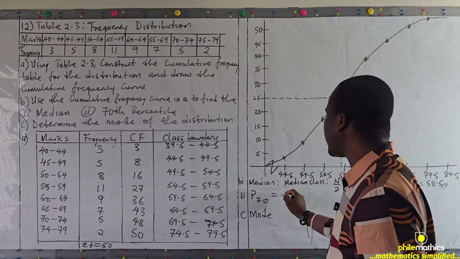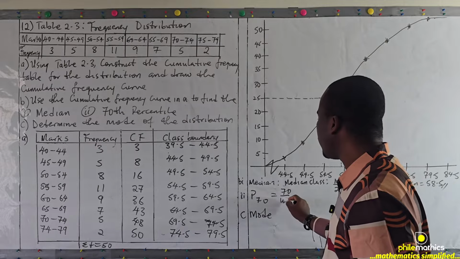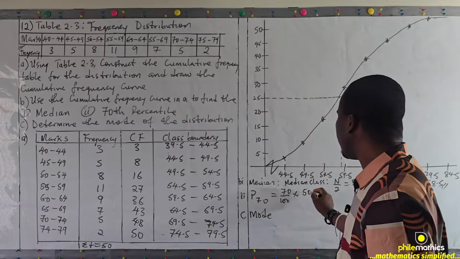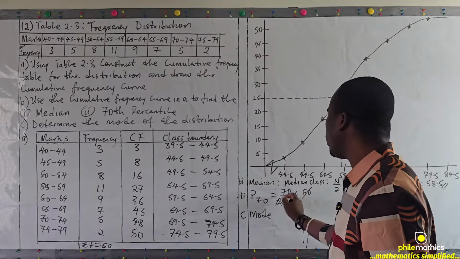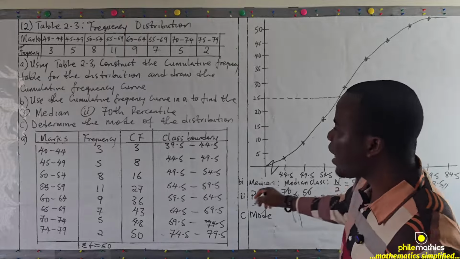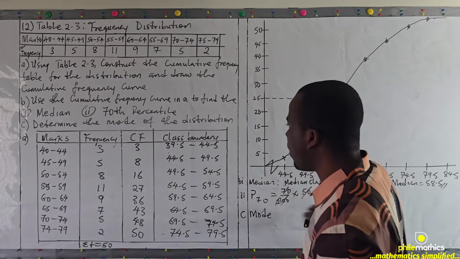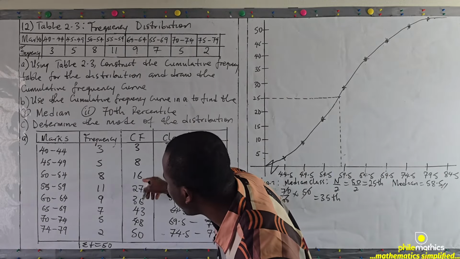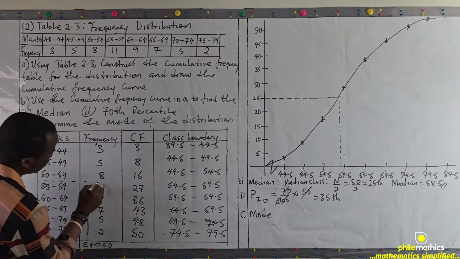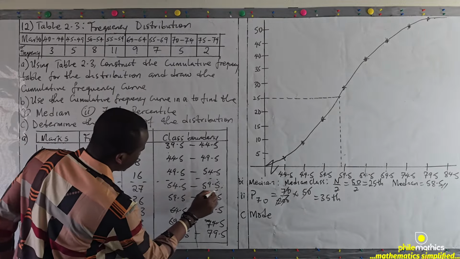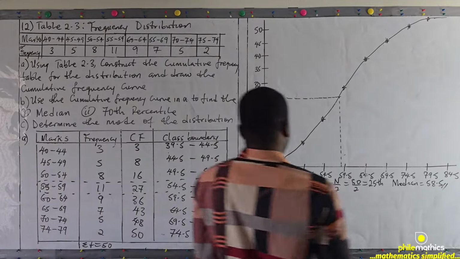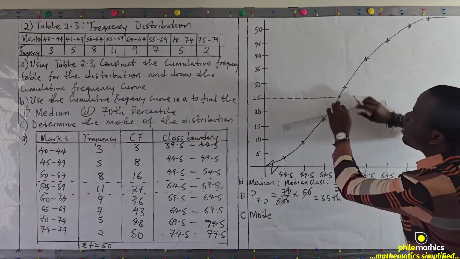And then the 70th percentile. The 70th percentile is simply 70 over 100 times the total frequency, 50. This is 2, and 2 into 70 is the 35th term. Meanwhile, the median class is at the 25th term. The 25th is above this, so this is where the median class is. So the 35th term, the same thing we did.